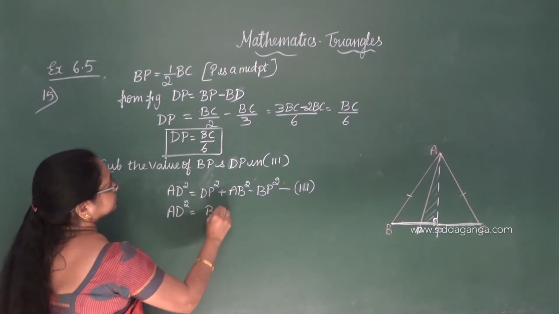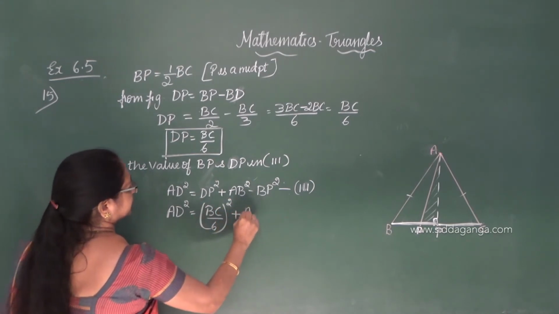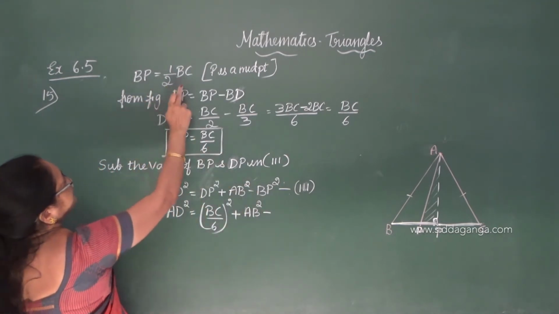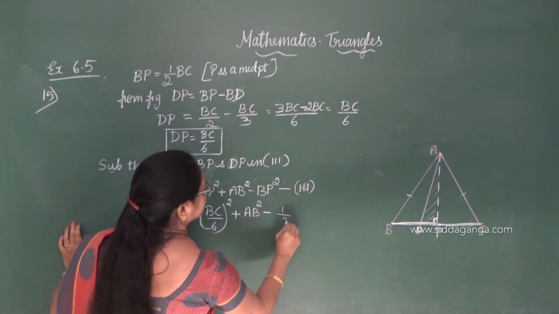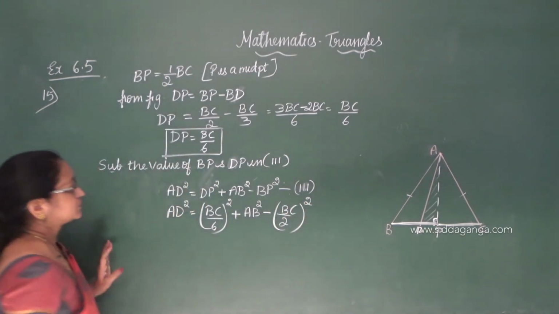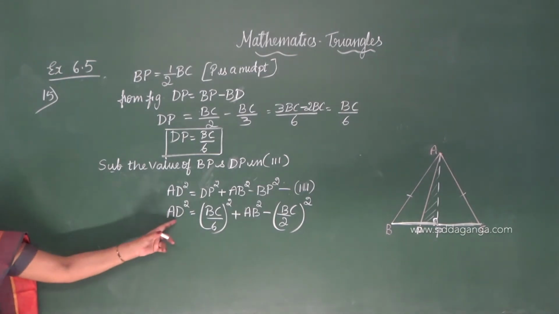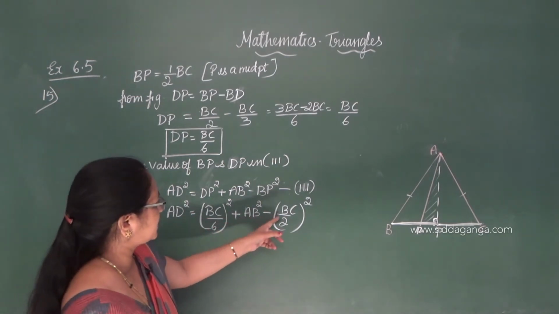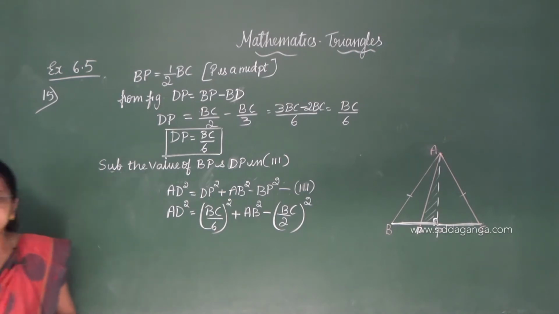BC by 6 whole square plus AB square minus, instead of BP I will put 1 by 2, that is 1 by 2 BC whole square. Please check. So I have put AD square is equal to BC square by 6 plus AB square minus BC by 2 whole square. I hope you understood this.